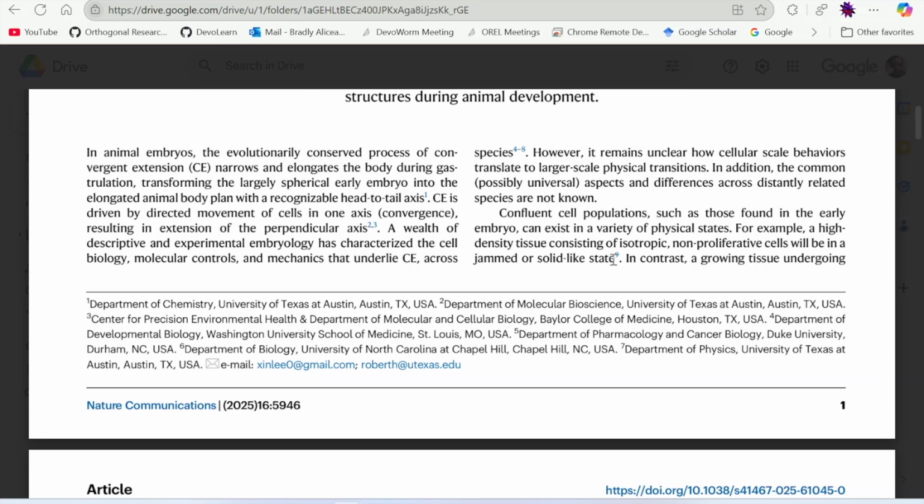In the case of this jamming phase transition, you get this free-flowing state, this migratory state, and then at some critical parameter value, they jam and they become a solid, and it's quite an instantaneous event at this parameter value. So this is an interesting thing about the role of order parameters and phase transitions in developmental biology as an extension of material science or soft active materials, in that the collective behavior of cells can change quite suddenly and be subject to these phase transitions.